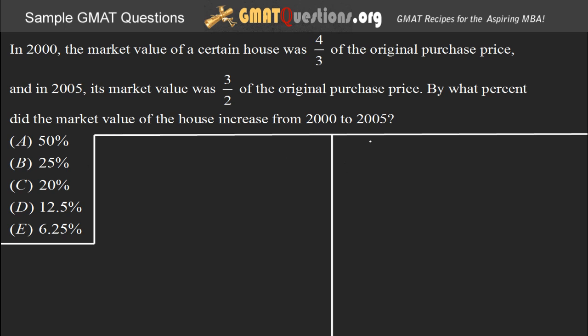Let me remind you that when you have a percentage increase from one date to another, the formula is equal to the final value, the final value in the later date, minus the original value, divided by the original value, and times 100.